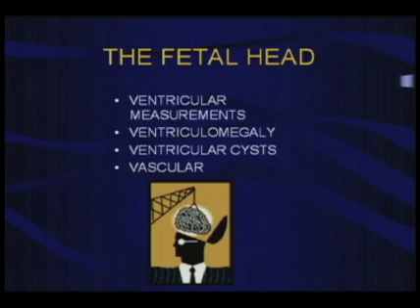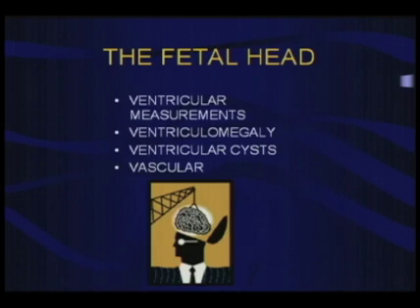So what I've tried to do in the last 30 minutes is take you through the supratentorial brain. I've looked at the ventricular measurements, why we picked 10 millimeters, and what happens in fetuses with 10 to 12 or 10 to 15 millimeters.